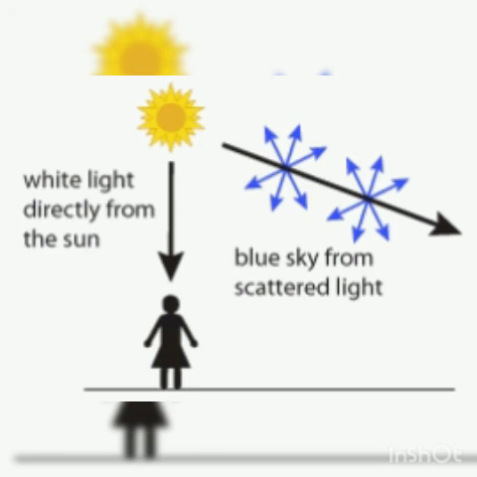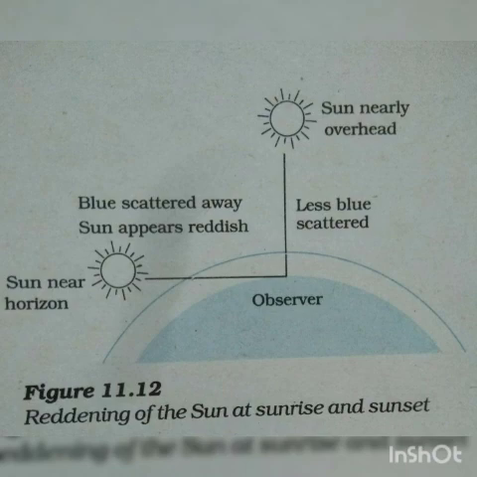Okay students. Now the next and important topic is why the sun appears reddish at the time of sunrise and sunset. The reason behind this, students, is that near the horizon, sunlight passes through thicker layers of air having larger particles that scatter light of longer wavelengths, such as the red end of the spectrum.